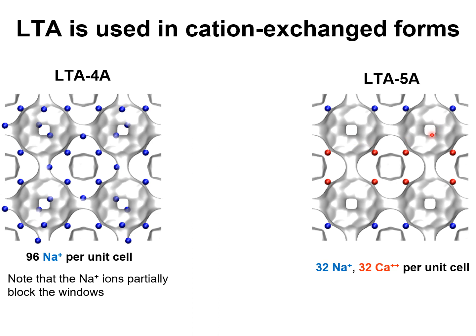The window regions are devoid of any cations, and therefore there is a significant difference in the diffusivities of any gas molecules in LTA4A zeolite and in 5A zeolite. In 4A zeolite, the diffusivities are significantly lower, often by 1 to 2 orders of magnitude.